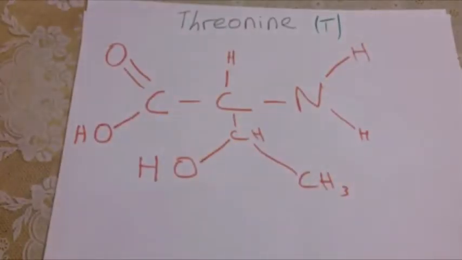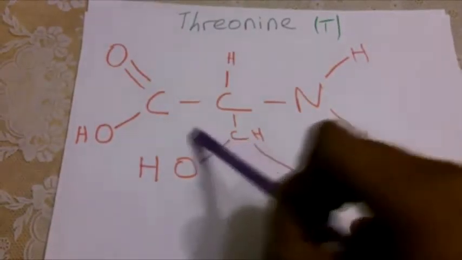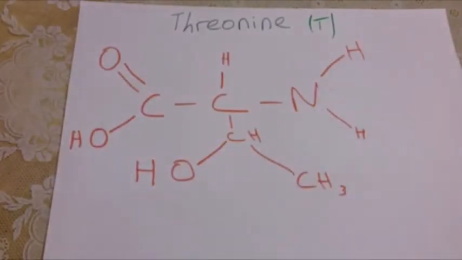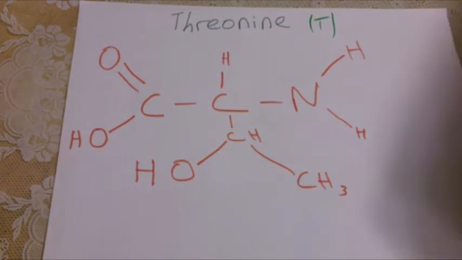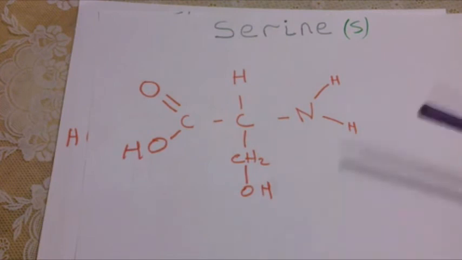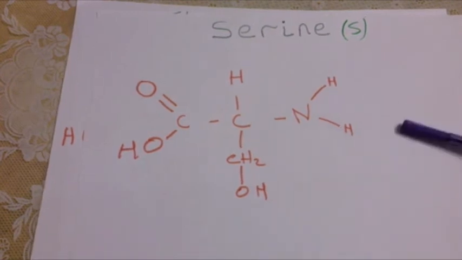Threonine is almost identical, except it has a hydroxyl group here instead of a methyl group. Serine is kind of different because it only has 1 group extending from the beta carbon, which happens to be a hydroxyl group. Serine and threonine are both hydroxyl compounds.